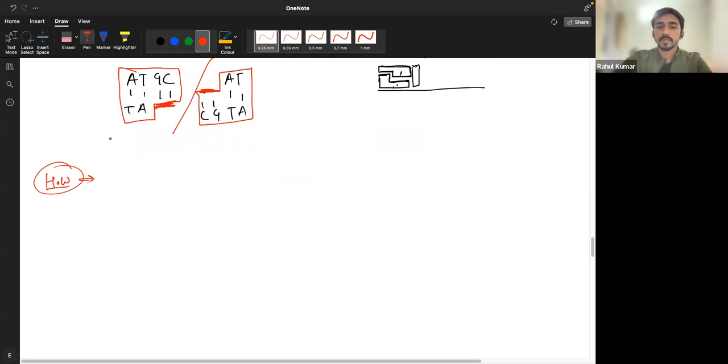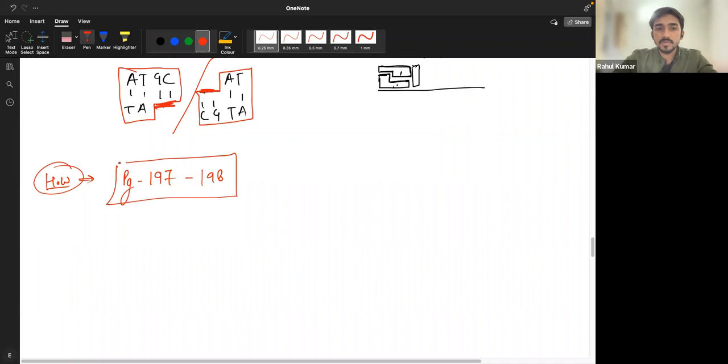But today you have to read. If you have NCERT, please come to page 197 of your book. You will see there is a diagrammatic representation. Can you see, everyone? Okay, and also page 198.